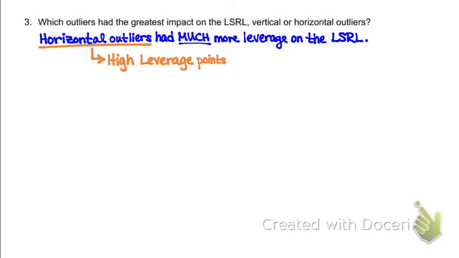Have you guys looked at levers and fulcrums in physics at all? When you move that fulcrum, if it's balanced right in the middle, both sides have equal weight. When you move that fulcrum over, the farther away you are from that point, the more weight it's going to have, the more leverage it's going to have.